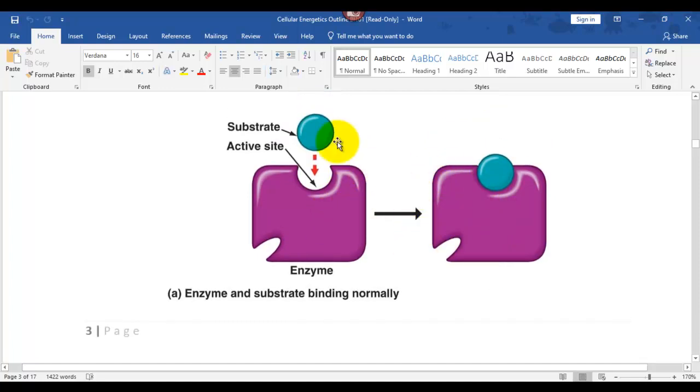There are factors that cause this substrate enzyme binding to be altered, changed, or destroyed altogether, or even stopped. Freezing actually stops enzyme activity. But if you have something that's too hot, like when you cook an egg and it all sticks together, that's all the proteins coagulating. And so, yeah, at that point, they're destroyed. They're not going to work.